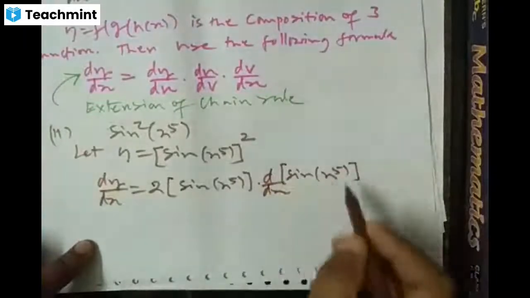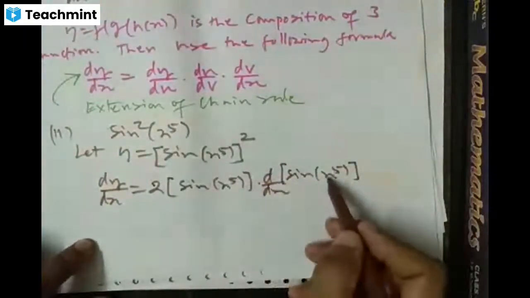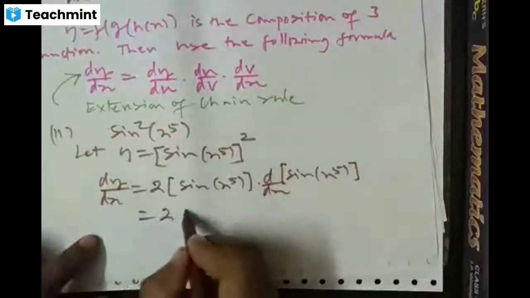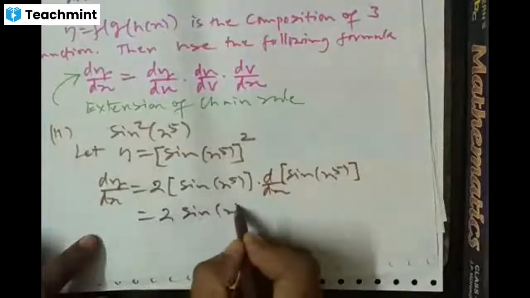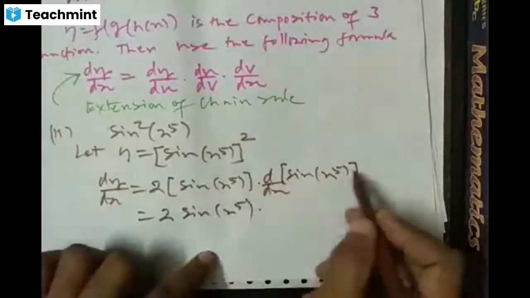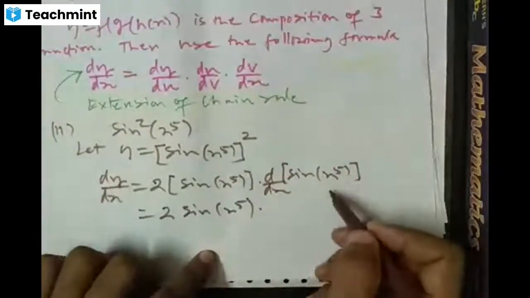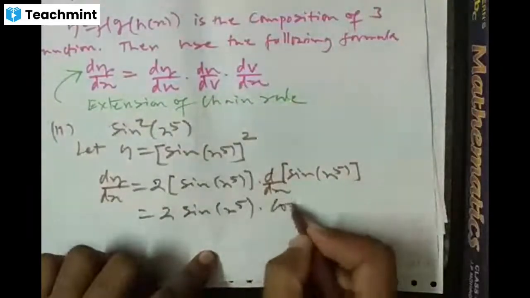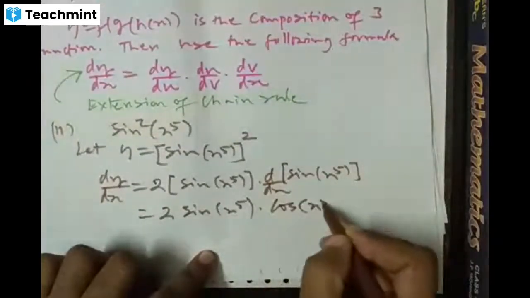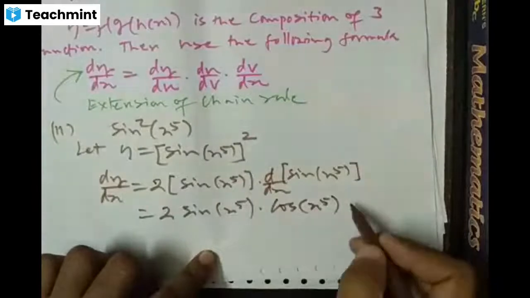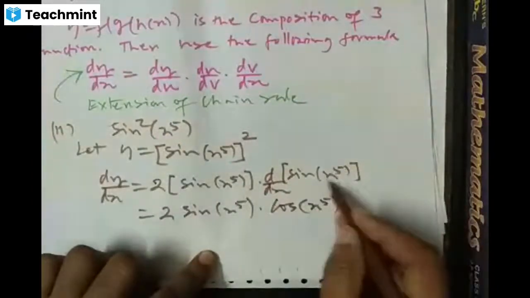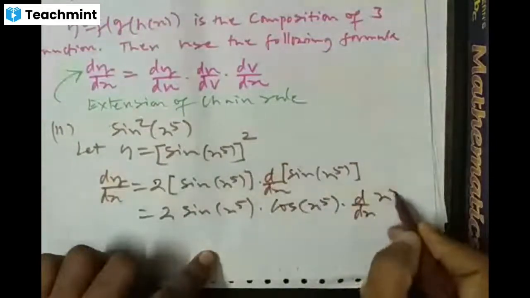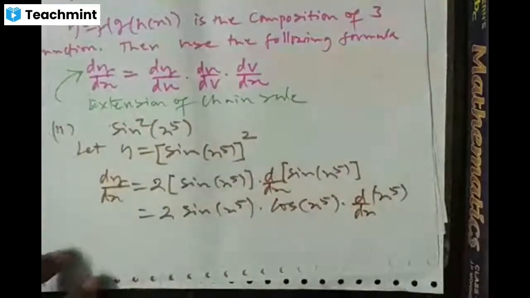Still this is not an ordinary function. This is a composition of two functions. So this is equal to 2 into sine of x power 5 into, assume this as x or u, derivative of sine x is cos x, right? So cos of, but in place of x we have the function x power 5, into d by dx of x power 5.